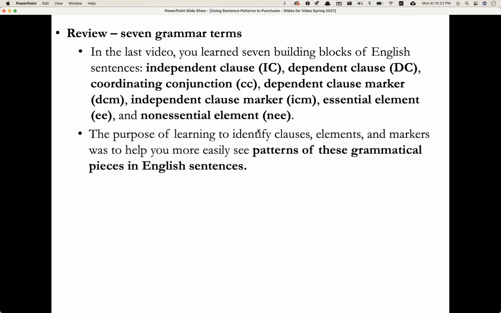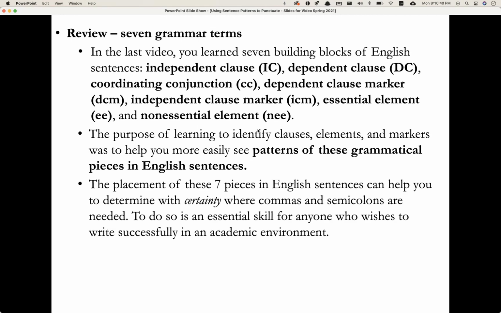The purpose of you learning to identify all of these different things in English sentences was to help you more easily see patterns of all these grammatical pieces in sentences in English. The fact is that the placement of these 7 pieces in sentences can help you to determine with certainty where it is that you're supposed to put commas and semicolons.